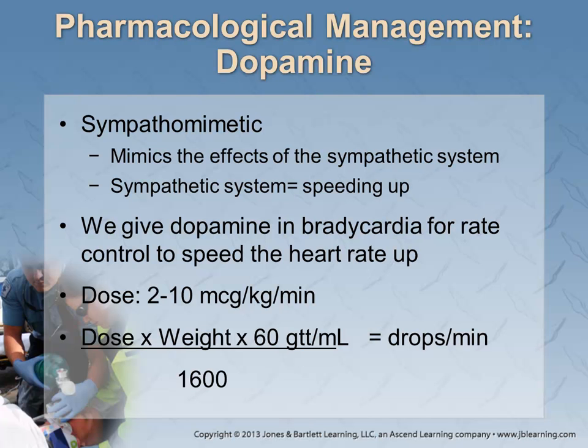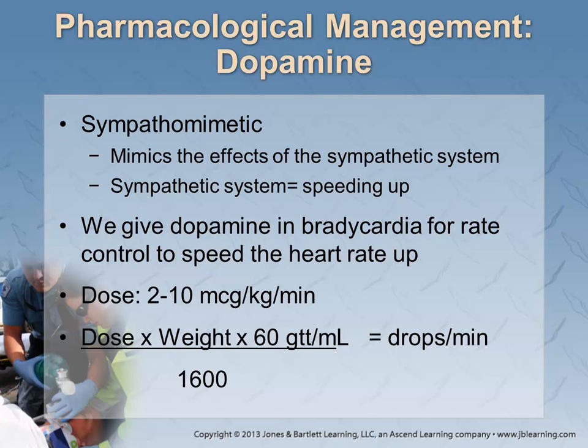So your dose is going to be 2 to 10 mics per kilogram per minute. Y'all know how to do these weight-based formulas now, right? Y'all have been pretty much tested into the ground with this stuff. Your dose times your weight times 60 drips divided by 1,600.